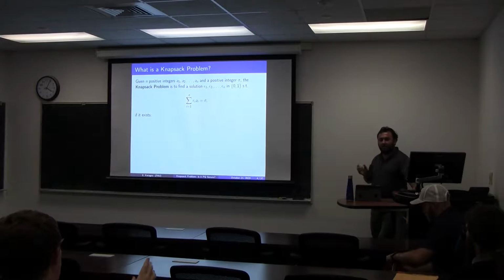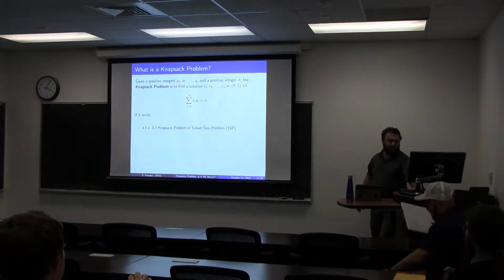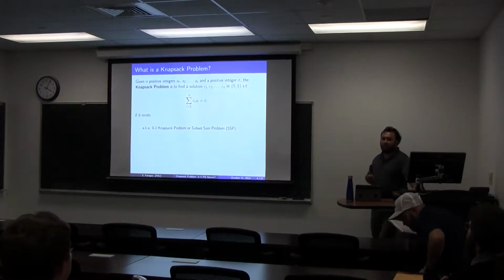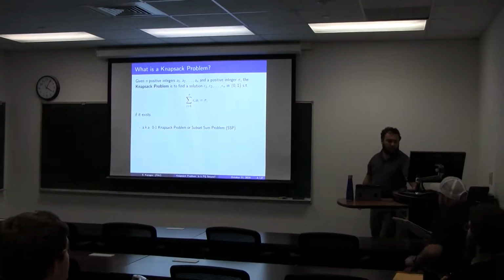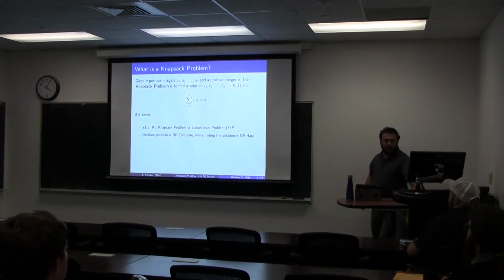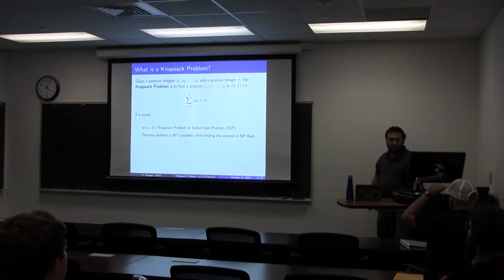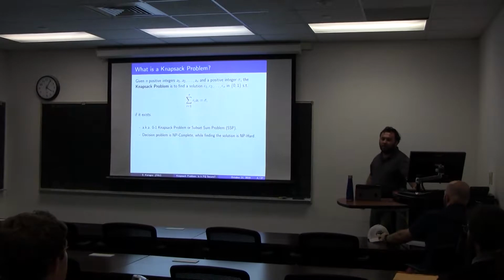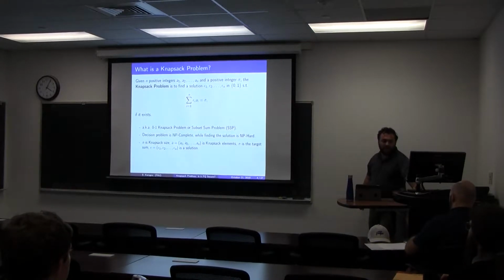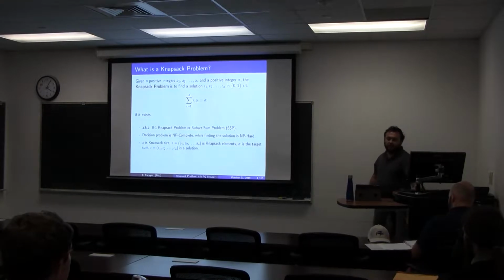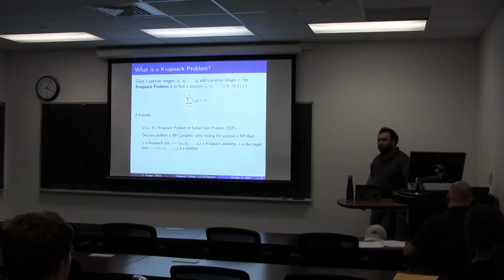Okay, this is a decision problem. This problem is also known as the 0-1 Knapsack problem or the subset sum problem in cryptography. The decision problem is NP-complete, and finding the solutions for that problem is NP-hard. We call the elements ai the Knapsack elements, n the Knapsack size, sigma our target sum, and epsilon 1 to epsilon n our solution.